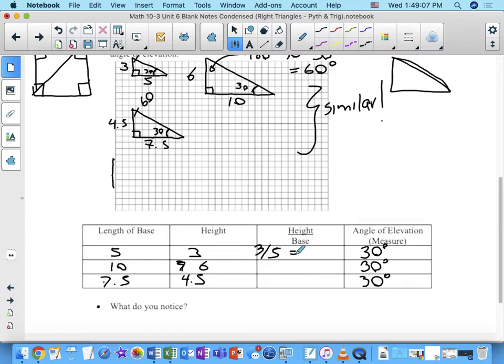How do you get 3/5 into a decimal? What does a fraction mean? What math operation is a fraction? Yeah, division. So you just go 3 divided by 5. What do you get? There you go. For the second one, height to base, 6/10. What do you get as a decimal?